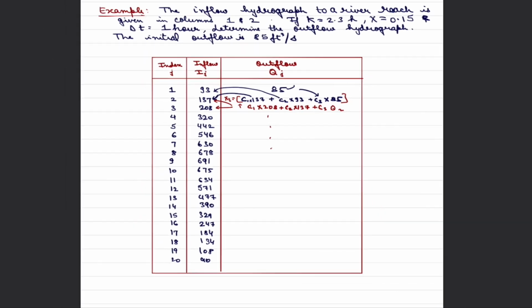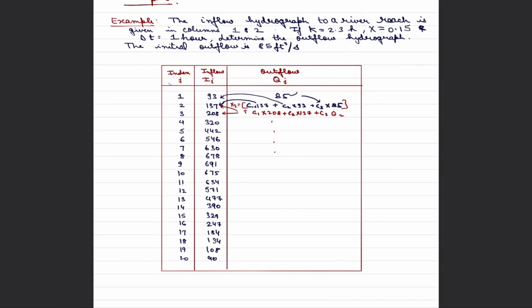In this example, let us say that we have the inflow hydrograph to a river reach, given in columns 1 and 2. We have an index associated with inflow Ij, and we need to determine what our outflow Qj is going to look like.